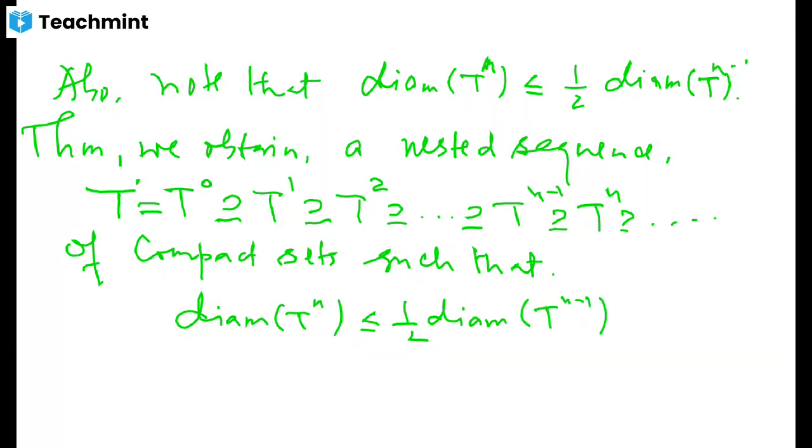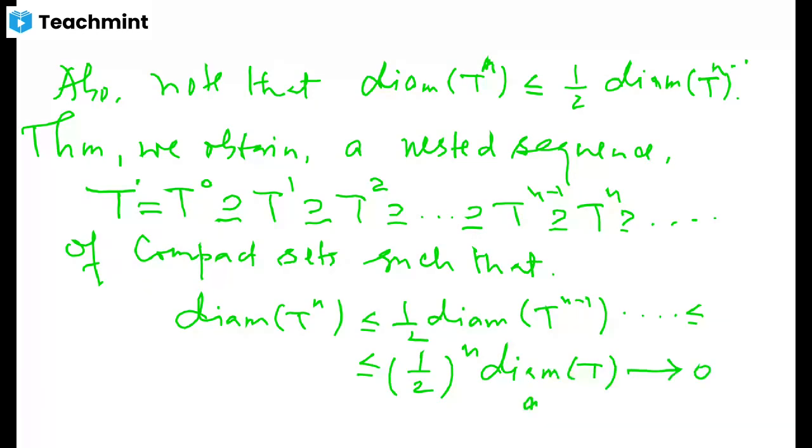And if you keep applying the inequality, this will be less than or equal to 1/2 whole square times the diameter of T_{n-2}, and so on. It will be less than or equal to (1/2)^n times the diameter of T. And see, the diameter of T is a fixed constant, it is not going to change. And so if you take n to infinity, (1/2)^n goes to 0 as n goes to infinity.